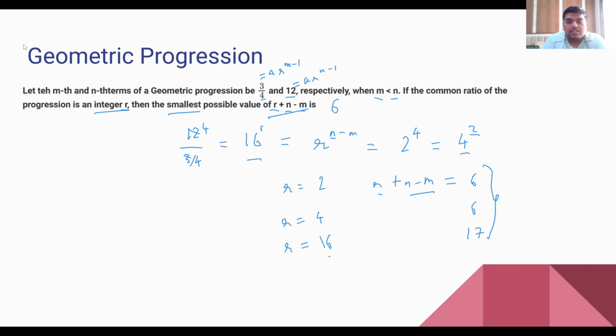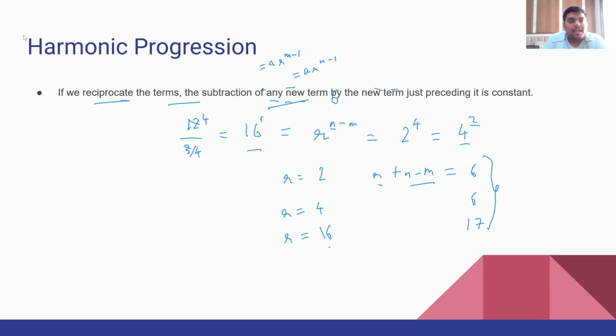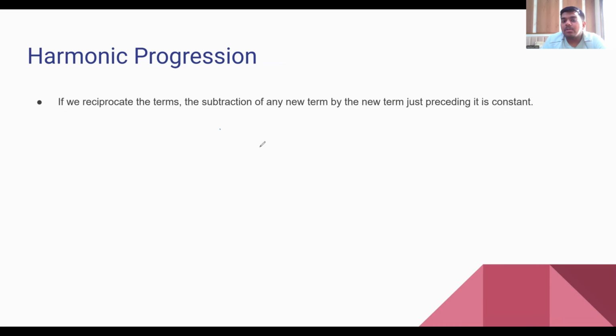Now let us look at the third type of progression, which is the harmonic progression, wherein if we reciprocate the terms, the subtraction of any term by the term just preceding it is constant. So it is nothing but an inverted AP. In an AP, for example, we had the terms 1, 4, 7, 10, 13, and so on.